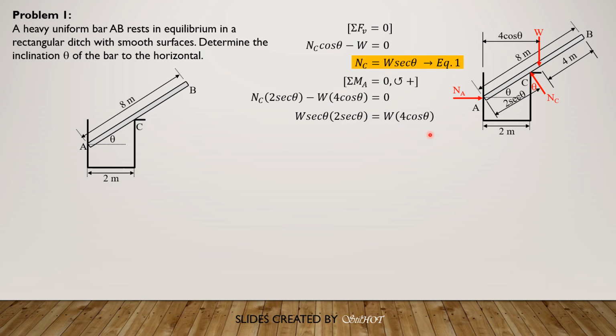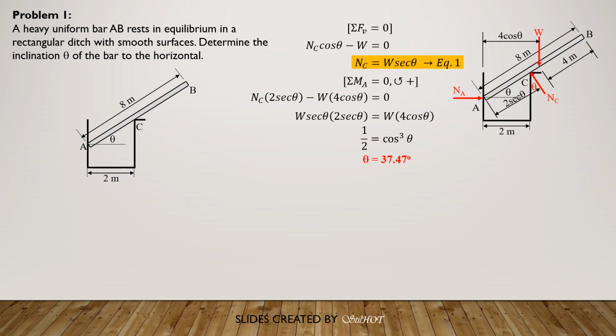Since 1 over secant square theta is cosine square theta, 1/2 equals cosine cube of theta. That would be the simplification of the equation. Solving for theta, theta is the inverse cosine of the cube root of 1/2, and that is equal to 37.47 degrees. So that's the solution to the first problem.